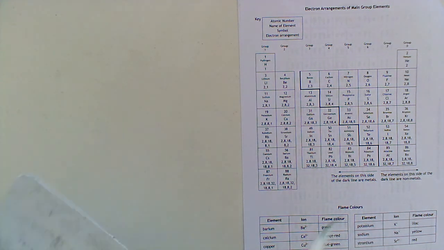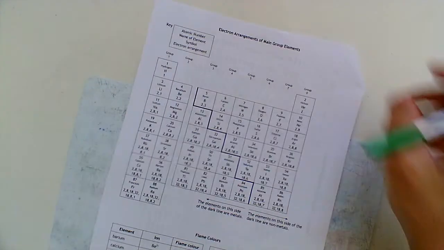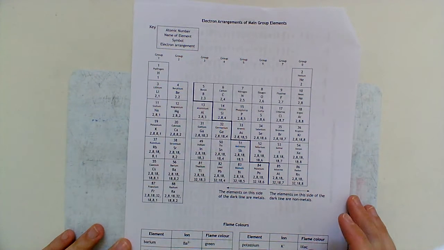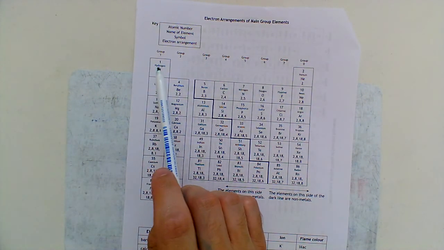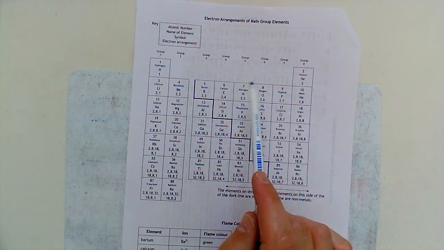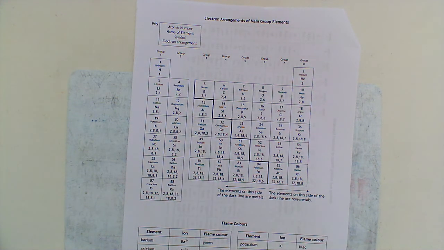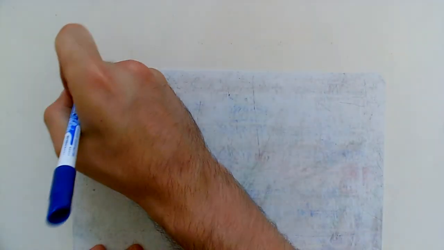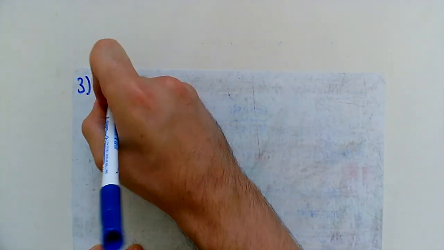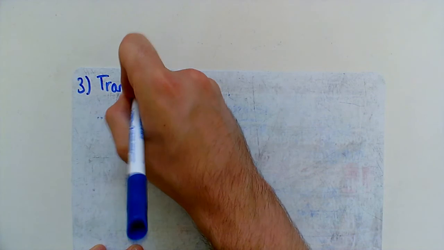Now, on this page, where we were looking at valency 1, 2, 3, 4, 3, 2, 1, 0, we left out the transition metals. And that's because transition metals can have valencies that change.